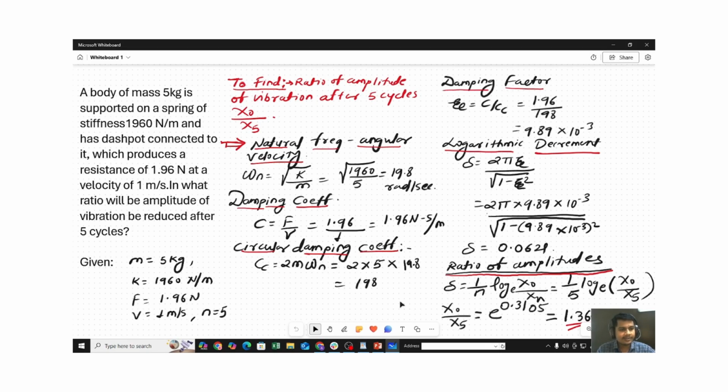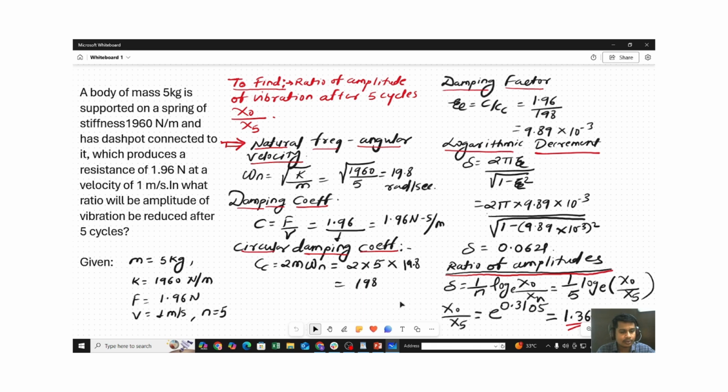So the same problem is mentioned on the whiteboard. Let us find out the given first. A body of mass 5 kg, so mass is given, m is equal to 5 kg, is supported on a spring of stiffness 1960 Newton per meter. So spring stiffness is given, and we usually use the letter K for spring stiffness.